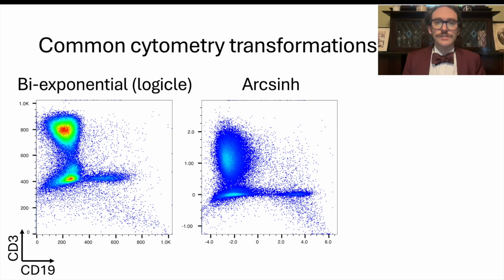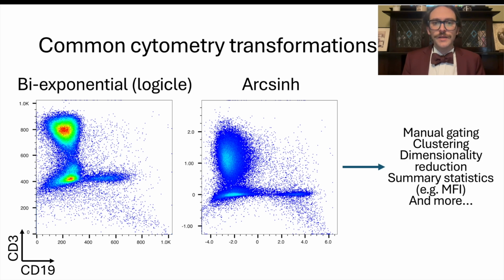Two commonly used approaches are bi-exponential, which is widely used in flow cytometry software, and arcsinh, which is commonly used in high-dimensional and computational workflows. Both approaches produce very similar representations of the data, allowing us to clearly visualize cell populations across a wide dynamic range. The choice of transformation depends on the workflow, but the most important principle is to apply the same transformation consistently across samples and markers.